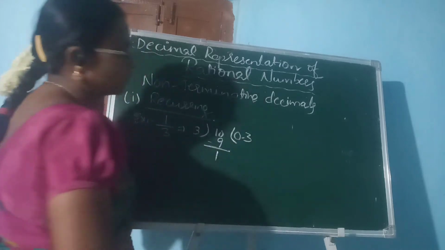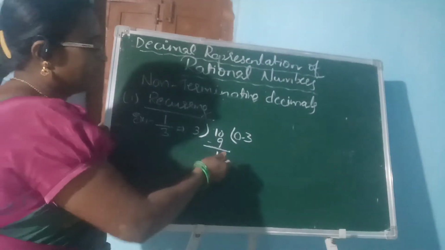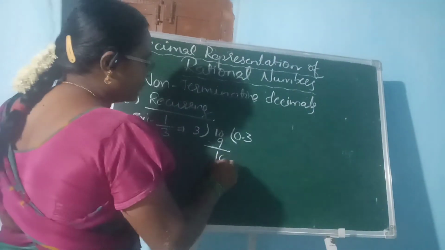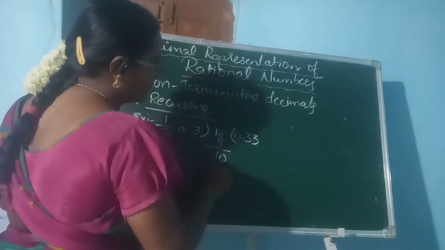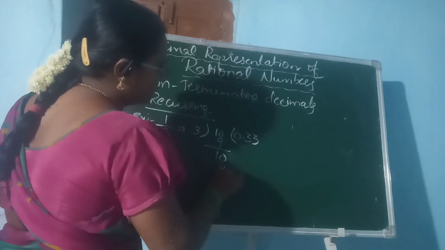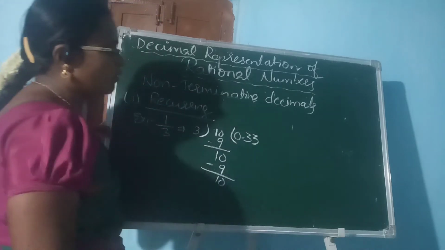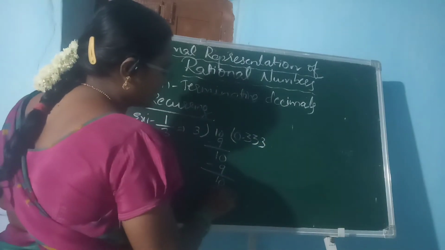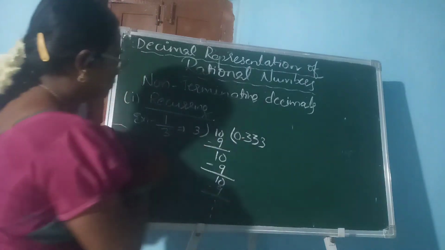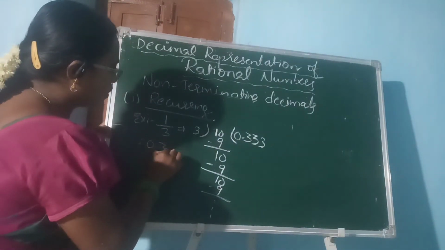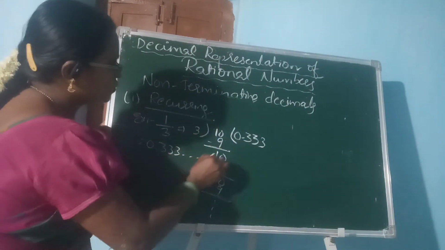Make the subtraction, 1 here. The division has not ended. Again keep a 0. Again 3, again 9. Again 1. Again I am keeping 0. It will go on like this itself. So this will be the answer, 0.3333 and so on.